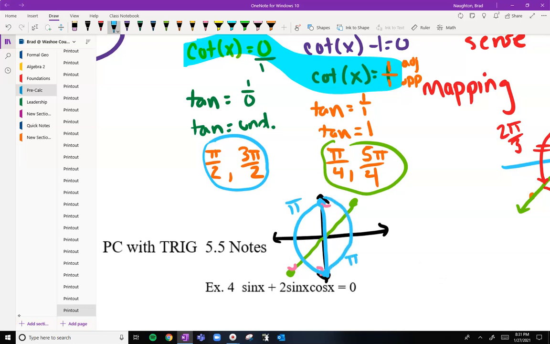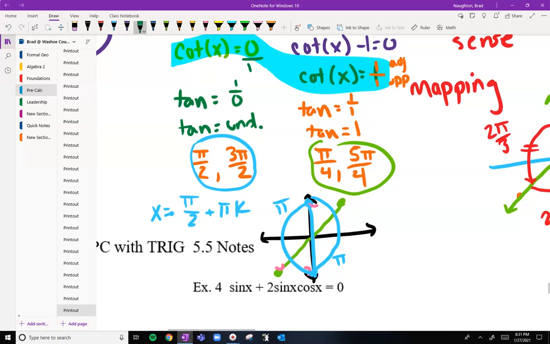So we're going to go ahead and take our smallest one and say x is equal to pi over 2 plus pi k, and that makes sense because our period for tangent and cotangent is pi. And then over here, if I erase these blue ones, from here to here, and then the other way is also pi.